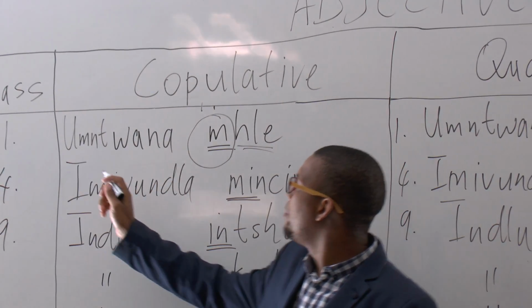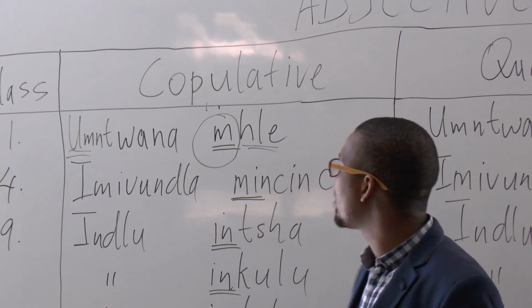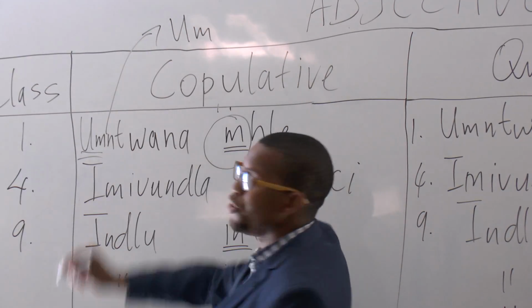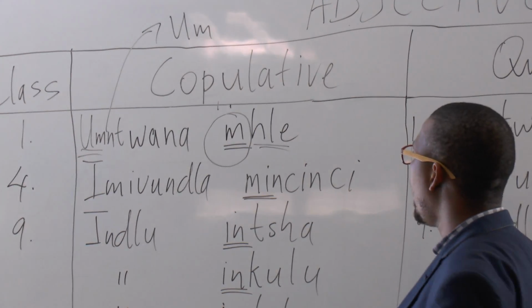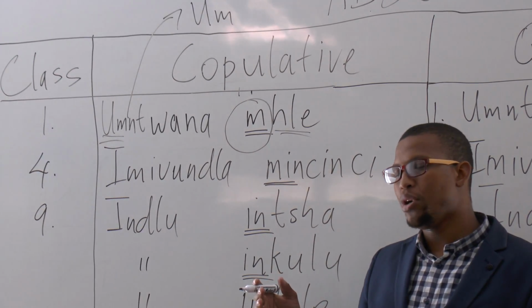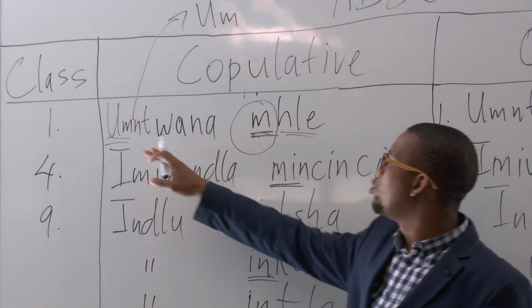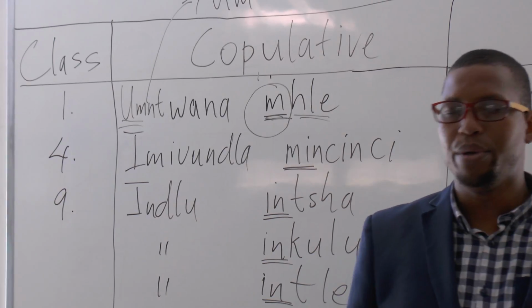Remember, the M comes from the prefix. The prefix of class 1 is um. In the case of the adjective, what we call the adjectival concord is the M. Umntwana mhle, the child is beautiful.